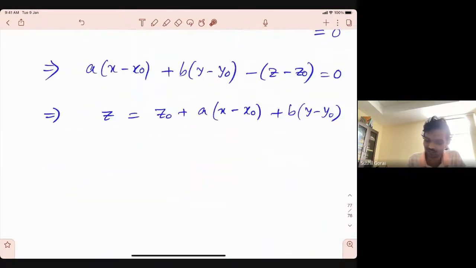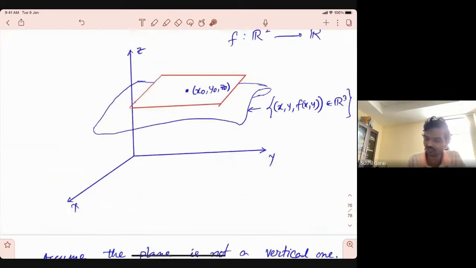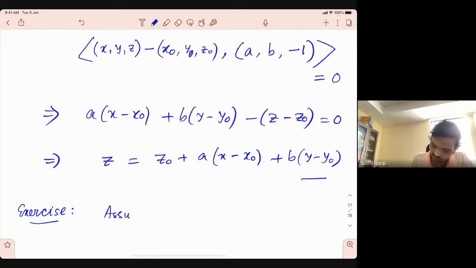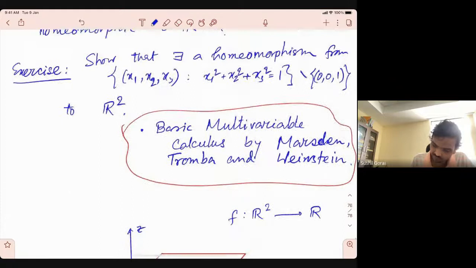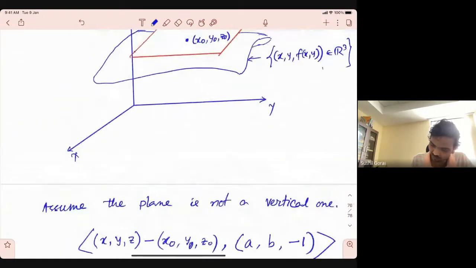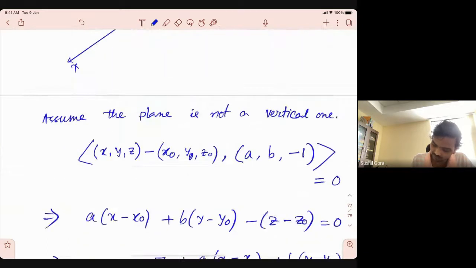Now this plane has to be tangent to the surface. So here I gave an exercise which I'll do next time also. Let's say this is called 1, this is 2.